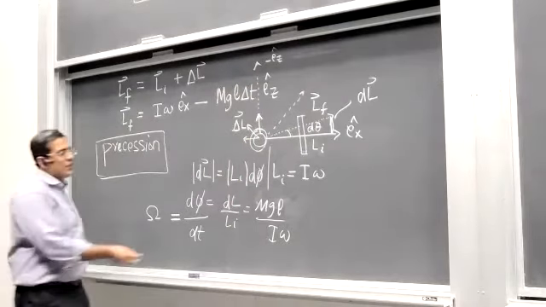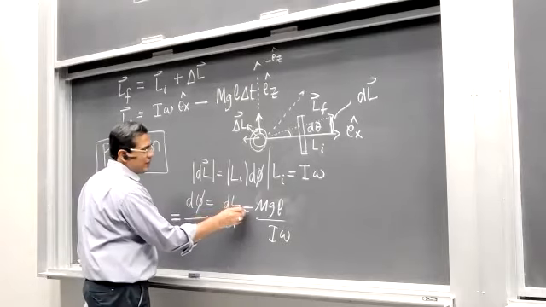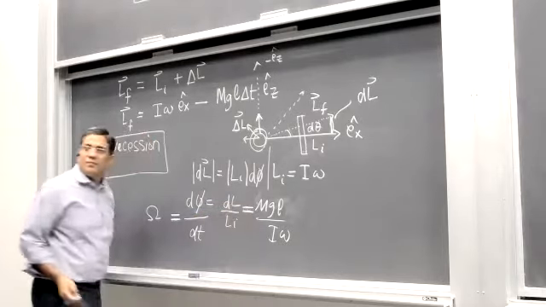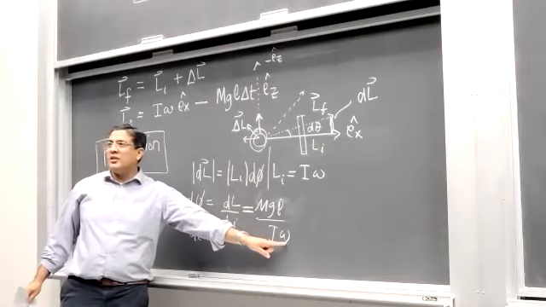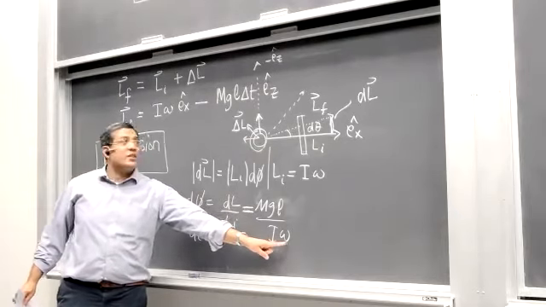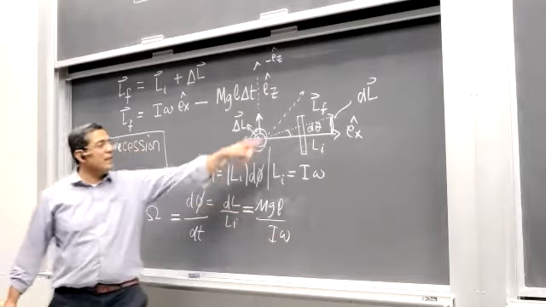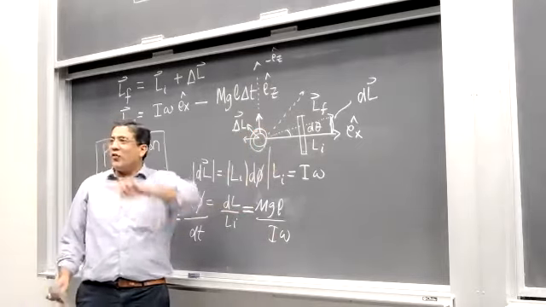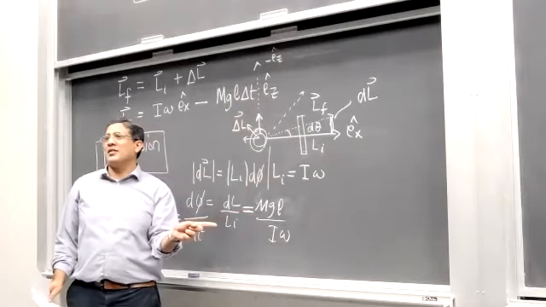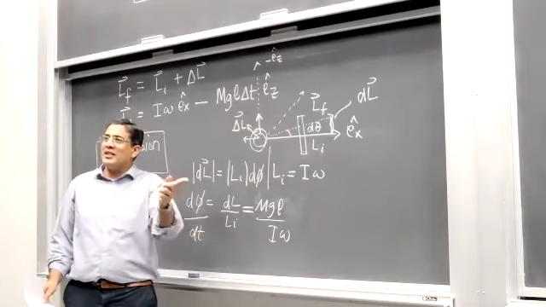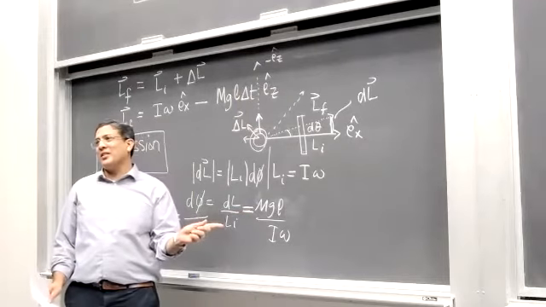Now you see the quantities it depends on. It's inversely proportional to the rotational frequency or the angular frequency of the wheel. The faster the wheel moves, the slower the precession is, and the slower the wheel is, the faster the precession is.